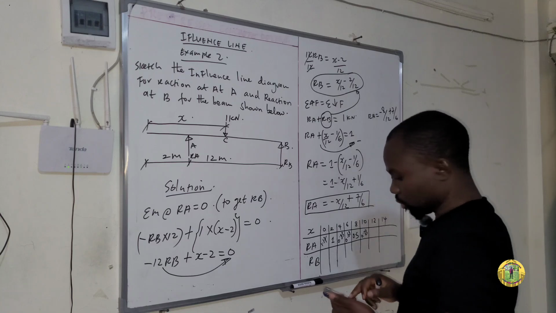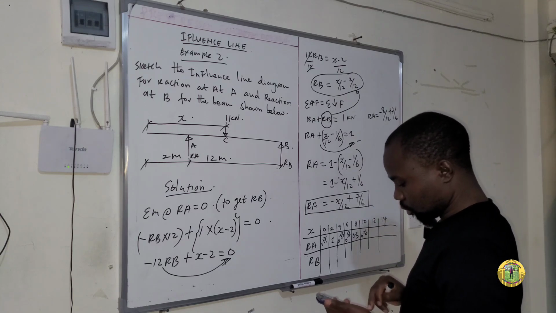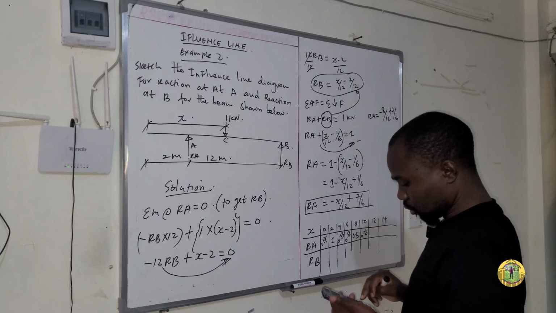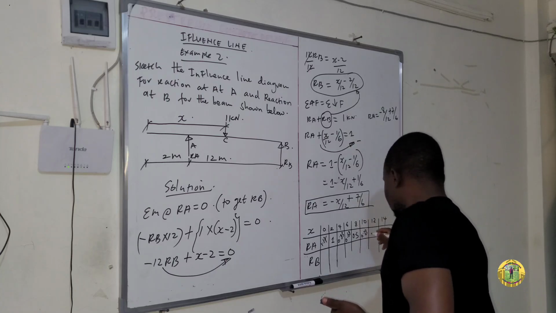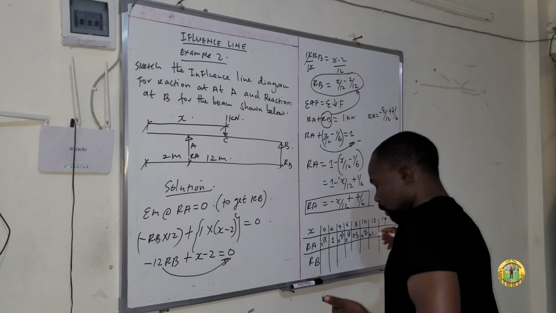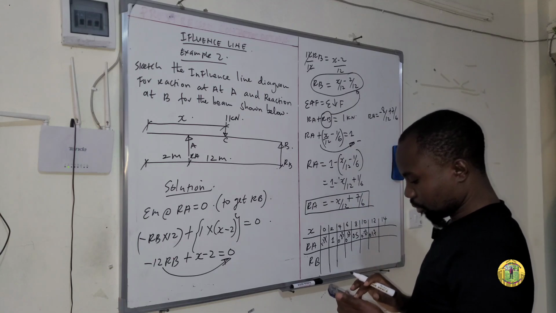Then you come to 12: 0.17. Then the last one, 14, this is 0.